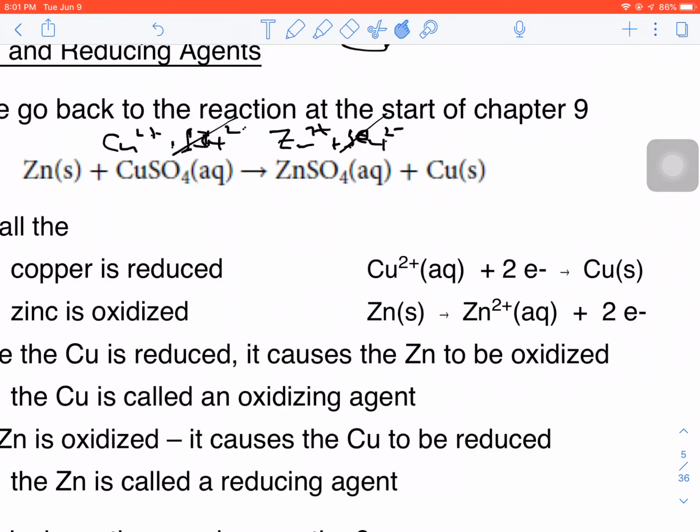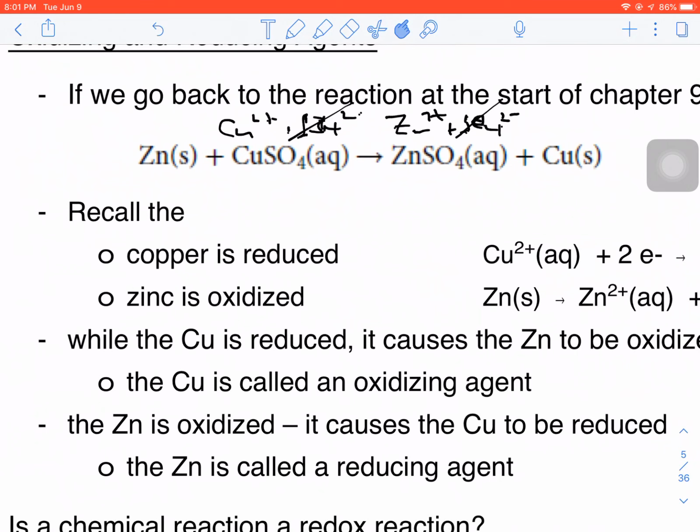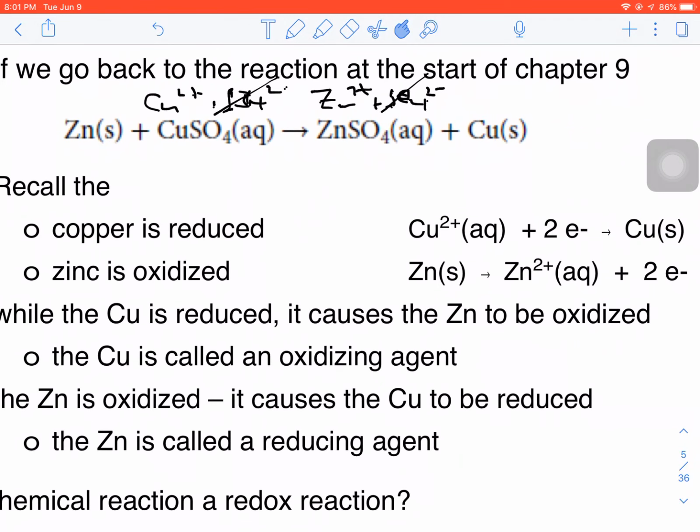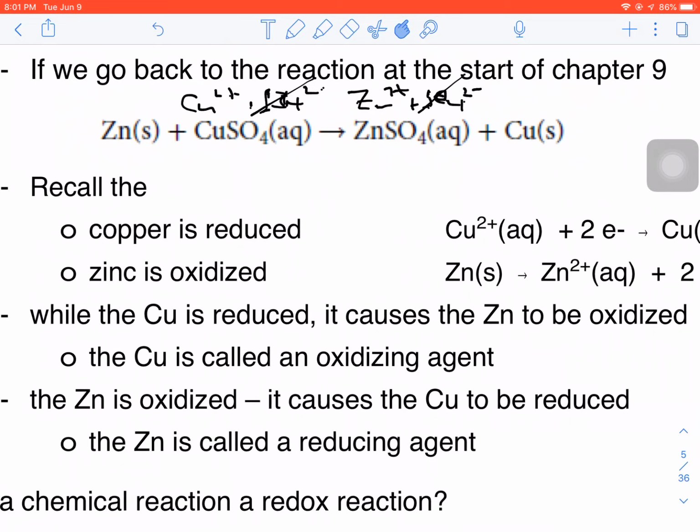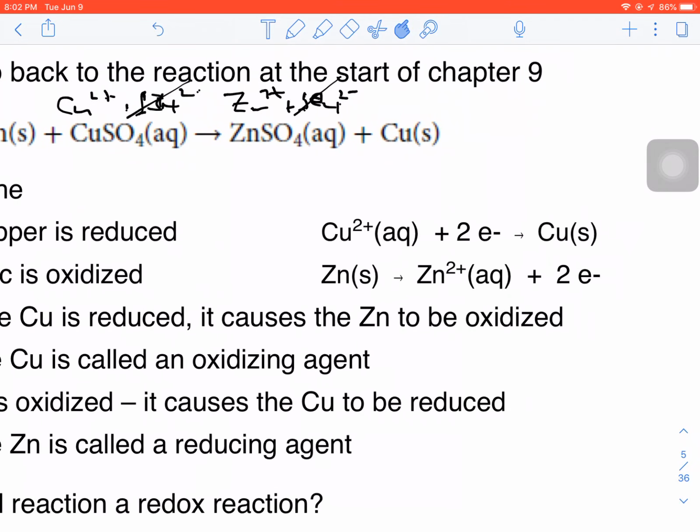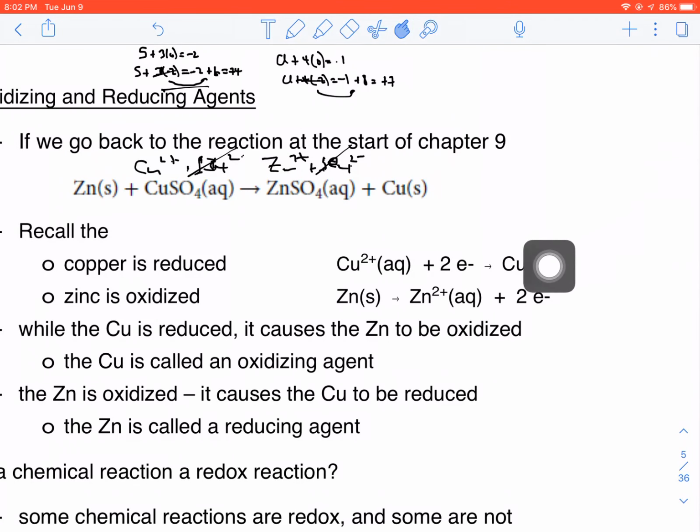Now, if the copper is being reduced, going from copper 2 plus to elemental copper here, what the copper 2 plus is doing is forcing the zinc to be oxidized. That's what the copper is doing. When it gets reduced, it is forcing the zinc to be oxidized.